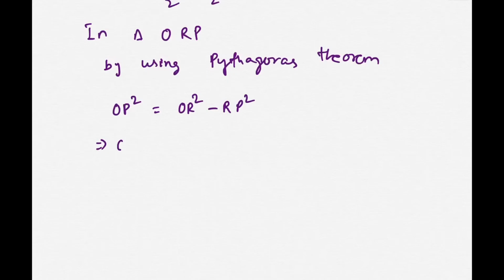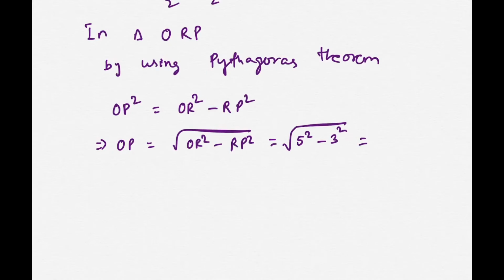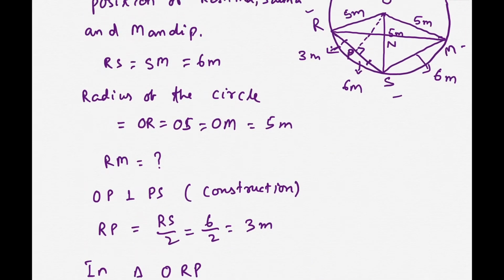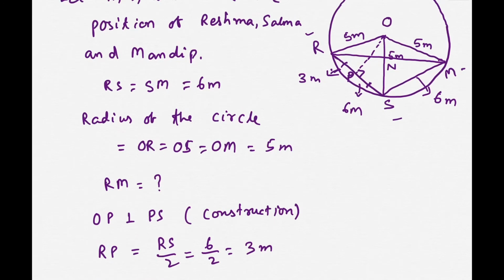That means OP equals square root of OR square minus RP square, and that is equal to 5 square minus 3 square. It is 25 minus 9, so that will be 16, square root will be 4 meter. So, OP is equal to 4 meter.